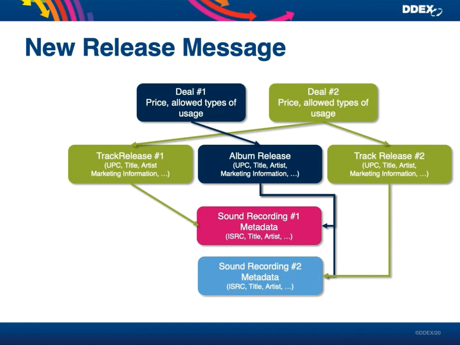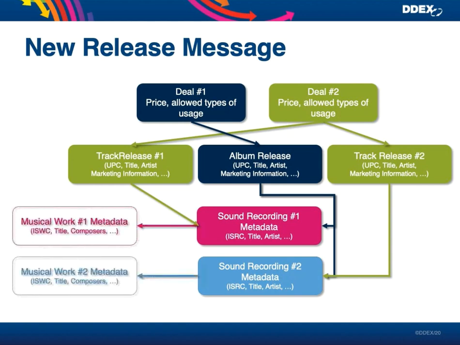And then, as I said, the deal describes things like price points, allowed types of usage, territory, the time period in which that can be used, and all of those details. And last but not least, you have musical work information related to the sound recording. So who were the writers, the composers, what's the title of the work, and again, an identifier for the musical work, an ISWC.